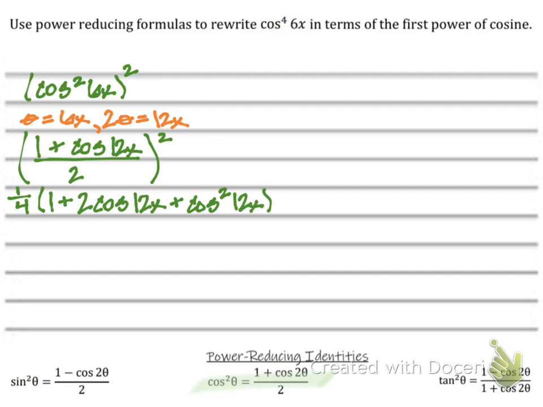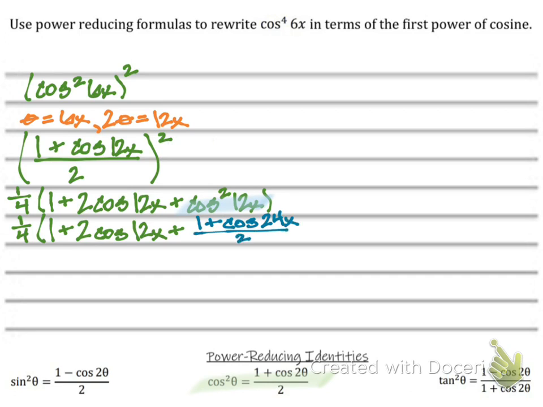All right, so now we've got to reduce this cosine squared, right? So we're still going to have our 1/4. 1 plus 2 cosine 12x plus, and then here I have a 1 plus the cosine of 24x, right, over 2.